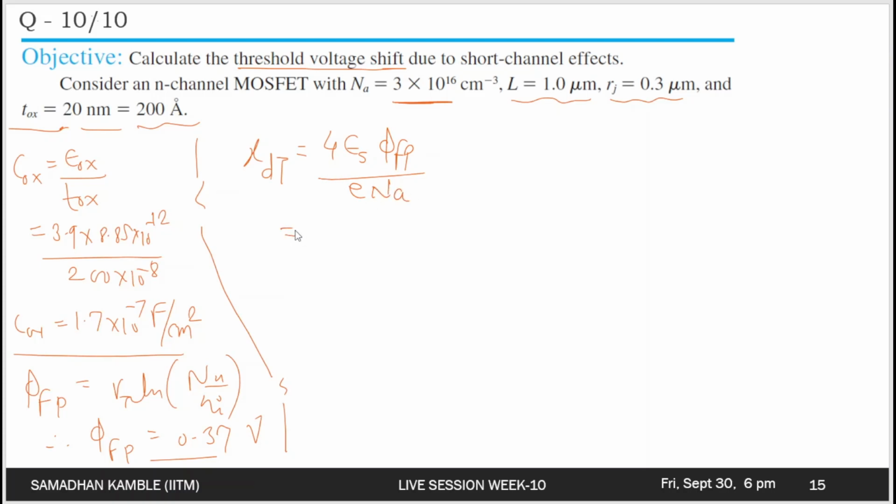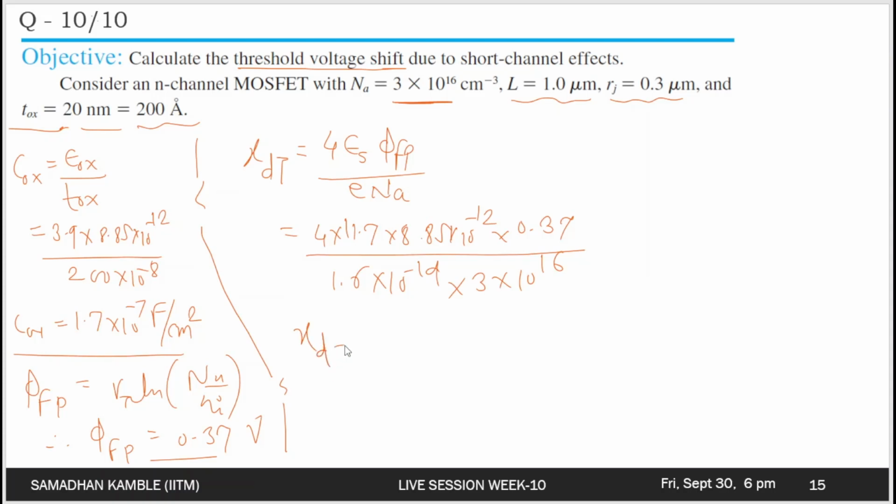Epsilon s is 11.7, so 4 times 11.7 times 8.85 times 10 to the power minus 12 times phi fp that we have determined as 0.37, divided by the electronic charge 1.6 times 10 to the power minus 19 times the concentration of 3 times 10 to the power 16. If we just calculate it, we'll get the value of x dt as 0.18 times 10 to the power minus 4 centimeter, which is nothing but 0.18 micron.